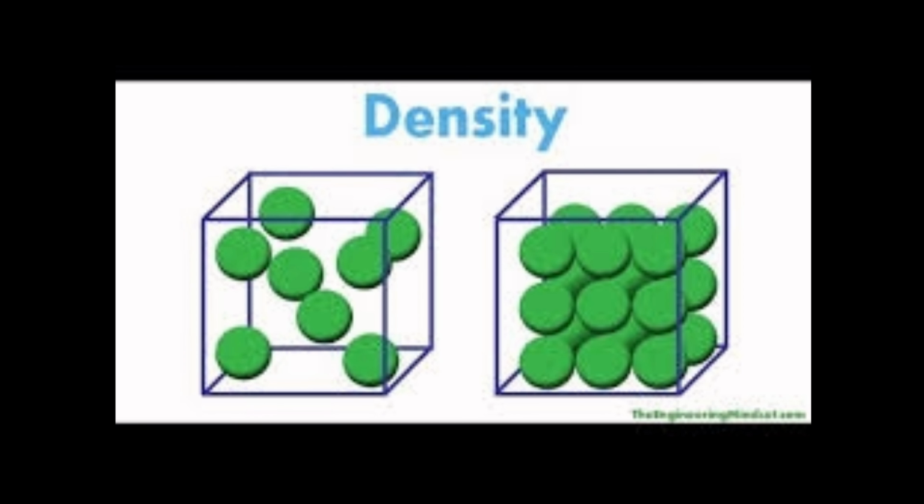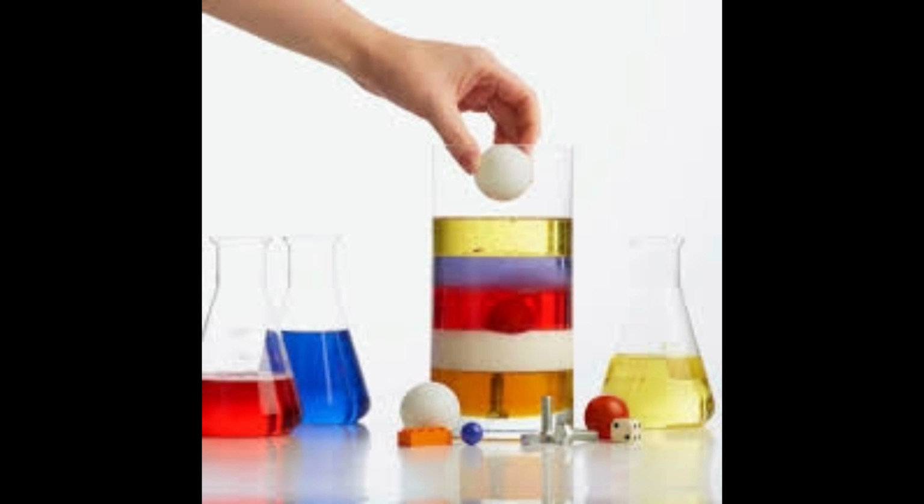Now coming to the next topic, that is density. So listen to me very carefully. The mass of a unit volume of the material is called its density. In Hindi we call it ghanatva. So it is the mass per volume of a material. That is called density.